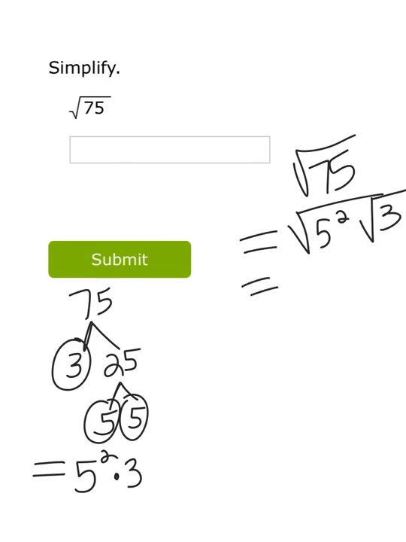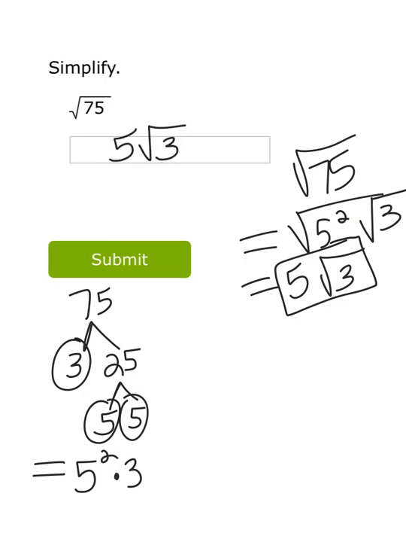And then just simplify that one step further. The square root of 5 squared, which is the same thing as the square root of 25, would just be 5. And then I would still leave the square root of 3, because the square root of 3 cannot be broken down or simplified anymore. So my answer would be 5 square roots of 3.